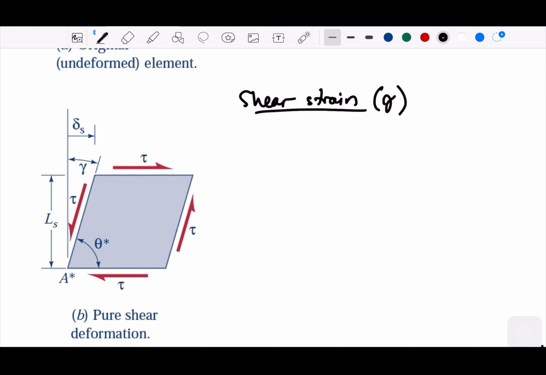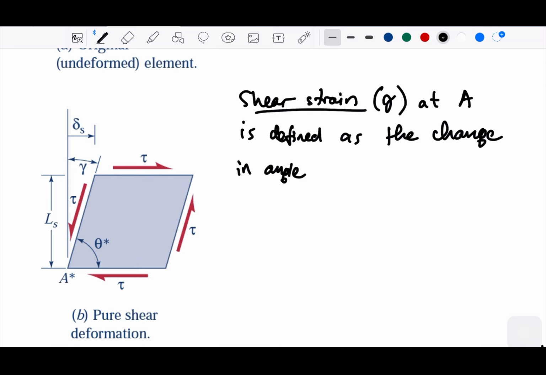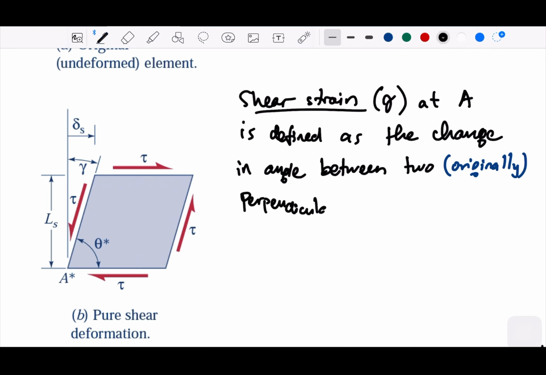So shear strain, let's say at A, according to the picture, is defined as the change in angle between two originally perpendicular line segments.